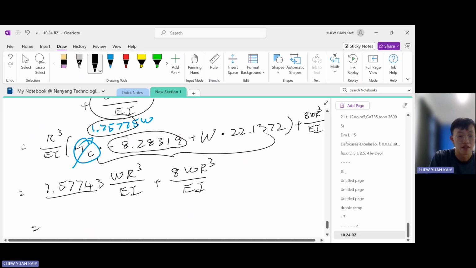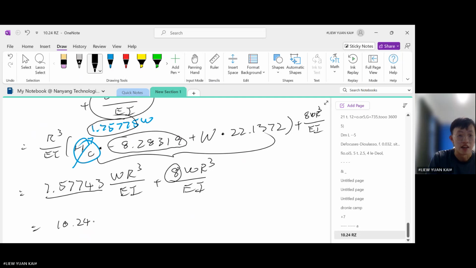So 7.57743 plus 8 is equal to 10.24. And then the common factor of wr cubed over EI, you copy it down.